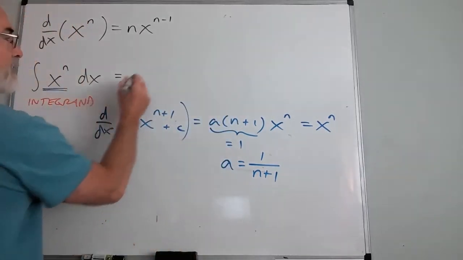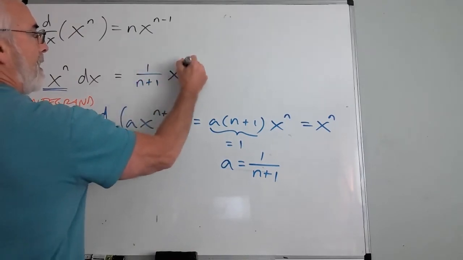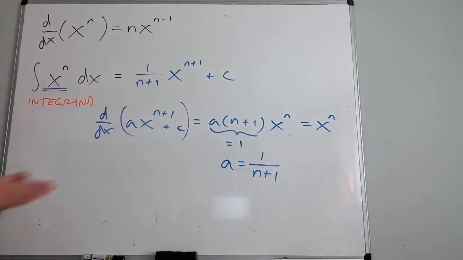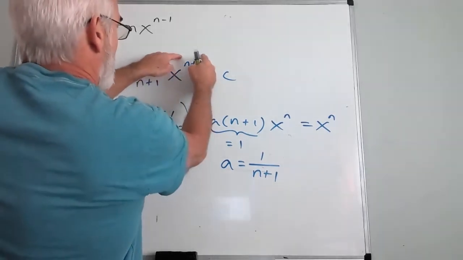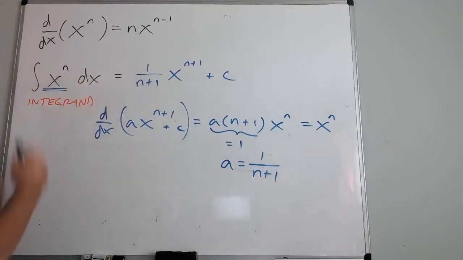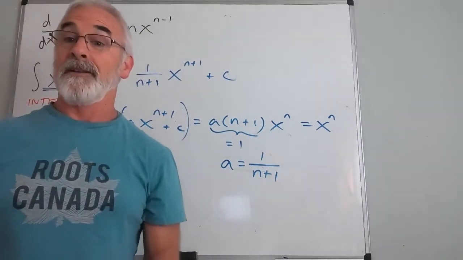That means the antiderivative of this is 1 over n plus 1, x to the n plus 1. We just figured it out. Now, when I take the derivative of this, what happens? N plus 1 comes down, cancels that guy. Beautiful. So that all works.